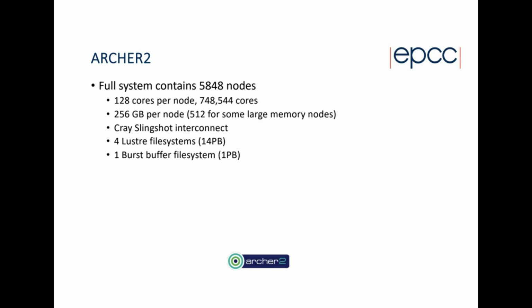A little bit about the hardware. The ARCHER2 system has a little under 6,000 nodes. Each of those has 128 cores per node, so something approaching 750,000 cores in total. There's 256 gig per node on most of the nodes, and a few of them have a bit more.